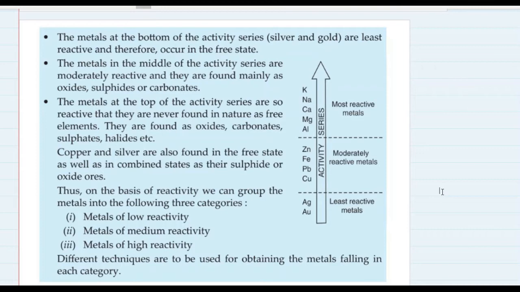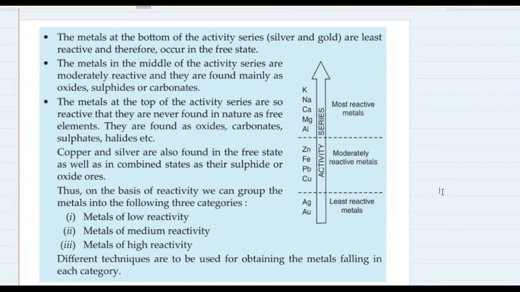And if the compound is very stable, very strong with a particular non-metal or an impurity, then to extract that particular metal we have to choose the corresponding required method.